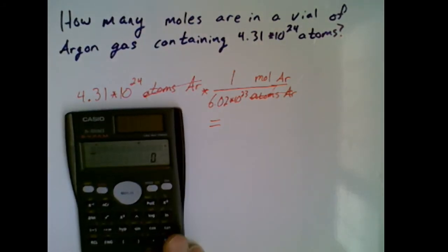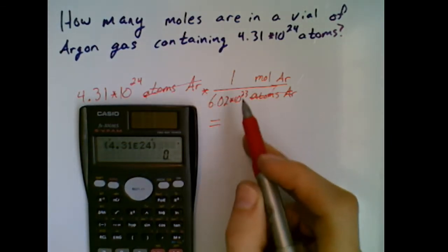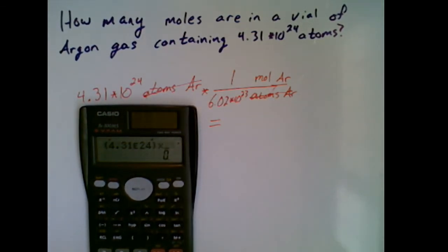So then pull out your calculator again. Again, I like to use brackets, so I'm going to go bracket 4.31 times 10 to the 24. Close my bracket to get that one thing. Now, you could go multiplied by 1 divided by, but it's going to mean the same thing. You can also skip that 1 if you wanted to.